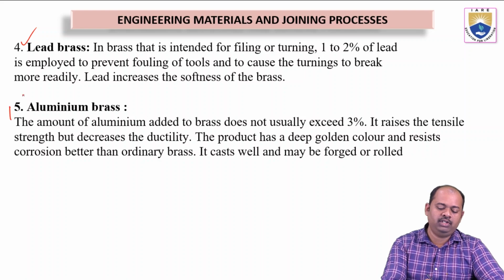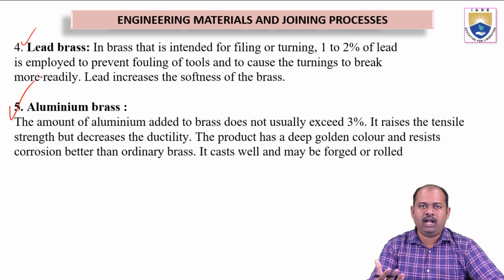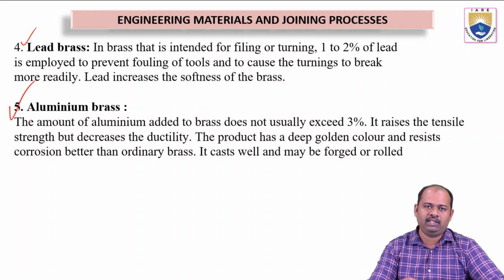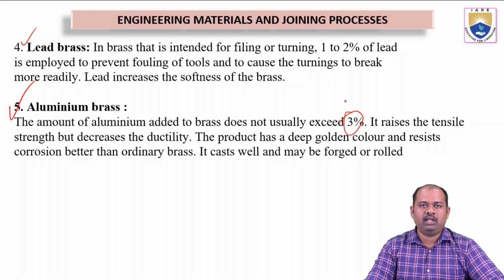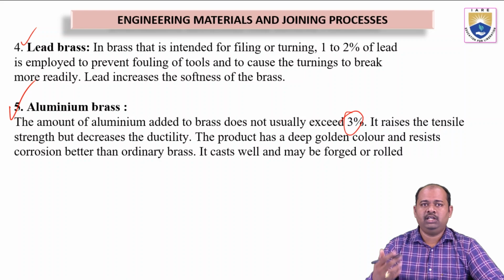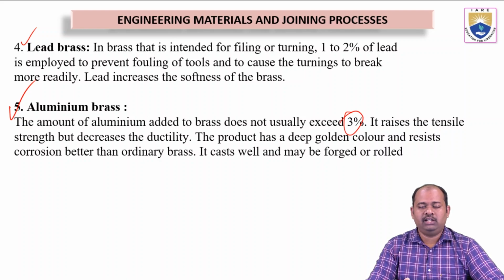And then we have aluminum brass. Similarly, we add some amount of aluminum, but it should not exceed 3% of the total composition, and it raises the tensile strength but decreases the ductility. So adding aluminum will increase the tensile strength, but ductility is somewhat decreased.